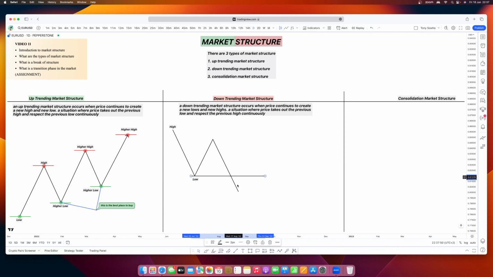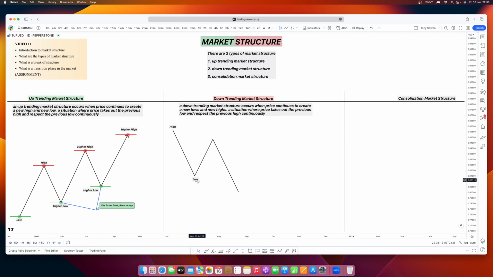Once price can go below that and close, then that's a downtrending market. So price should take out the previous low and respect the previous high. The previous high was up here, but price should not get there. Price should reject and come all the way to the downside.